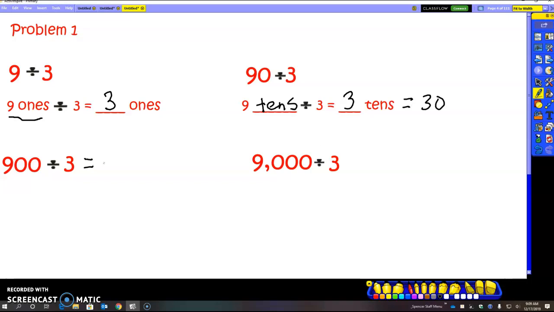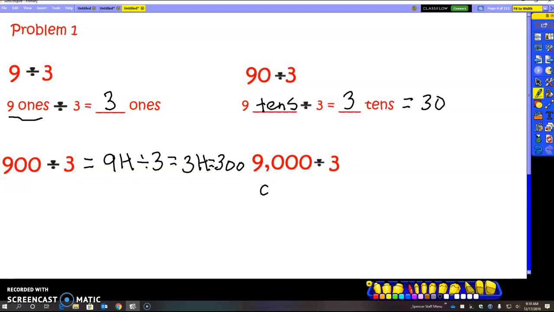Alright, so here I have 900 divided by 3, which is going to get me 300, which gets me a final answer of 300. Oh, being glitchy here. 300.